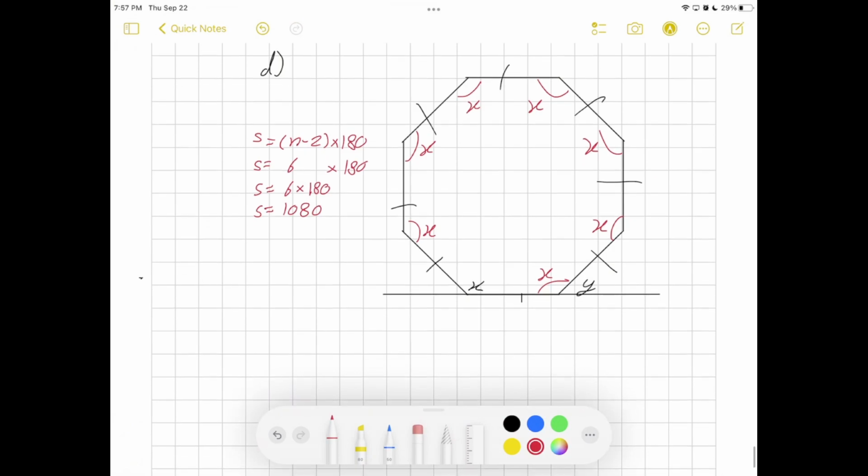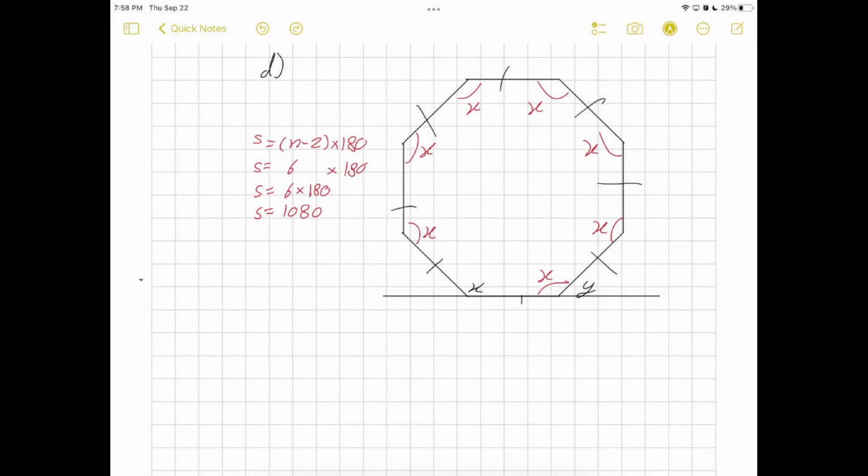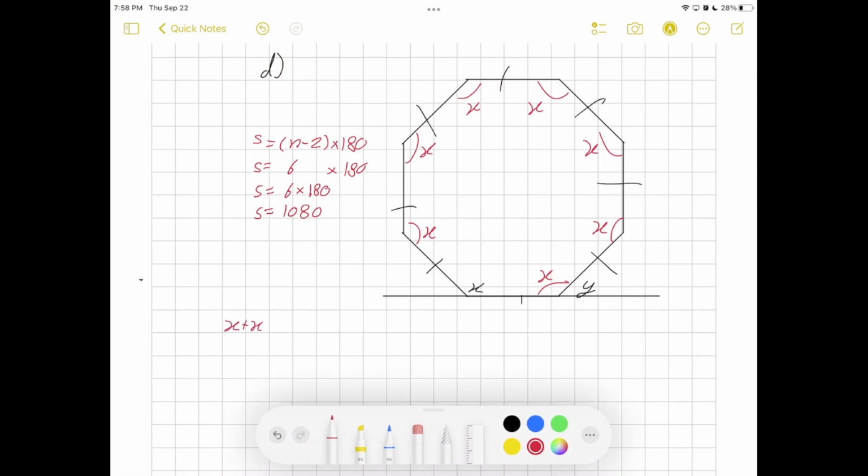Now let's find out how to get that with x. As you can see, we don't have any number values here. We only have x as our variable. But we can also say that x plus x plus x plus x plus x plus x plus x plus x is equal to 1080.